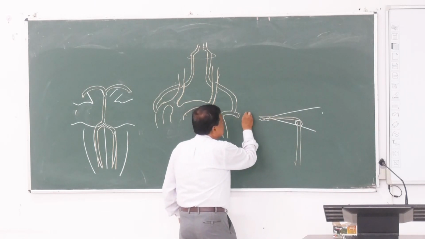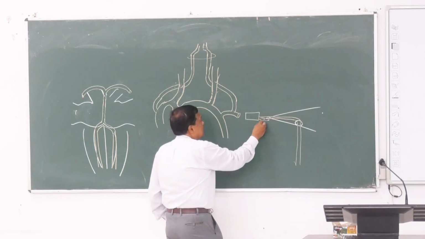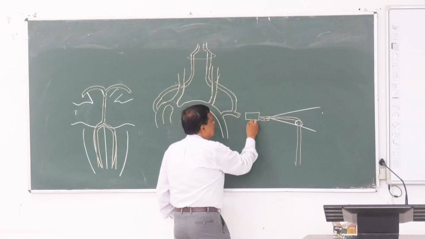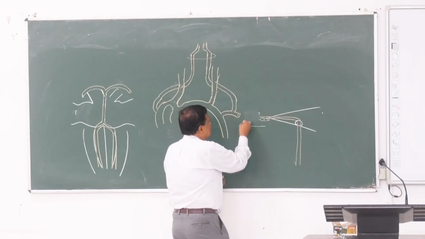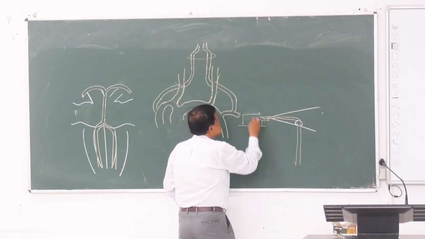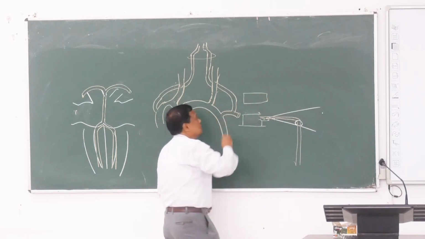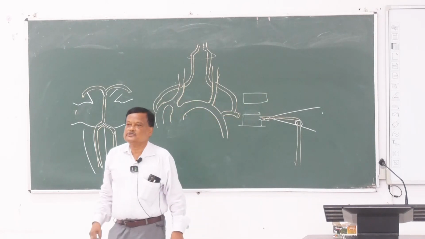There is a venous sinus, and here is the petrous part of the temporal bone, and it is the sphenoid bone. And in the sphenoid bone there is a venous sinus, one on either side, which we call the cavernous sinus.